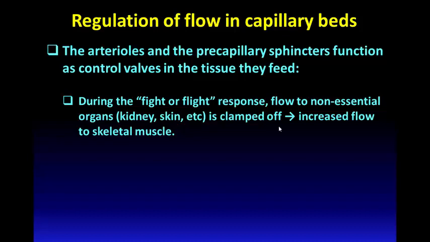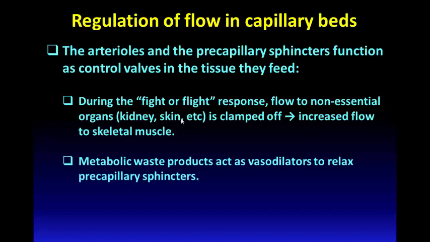During the fight or flight response, with sympathetic stimulation, flow to the non-essential organs like the kidneys and the skin is clamped off, is shut off. And this is important in order to increase blood flow through the capillaries in the skeletal muscles.